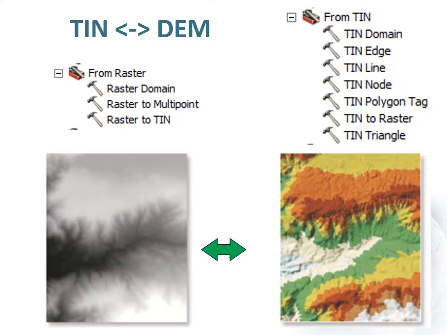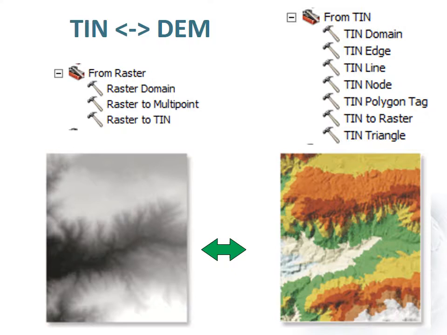One of the things I should point out is that you can not only generate tins from DEMs, you can generate the other way around. You can go from a tin back to a raster. However, you should be aware, which should be obvious, but I'll point it out, that once you've created a triangulated irregular network from a DEM, you've modified that information.